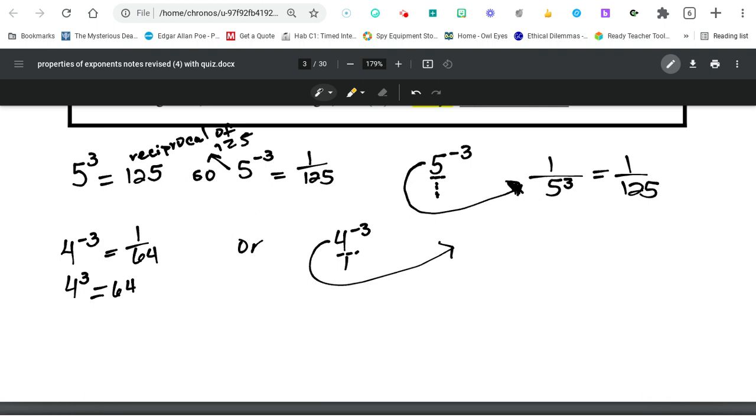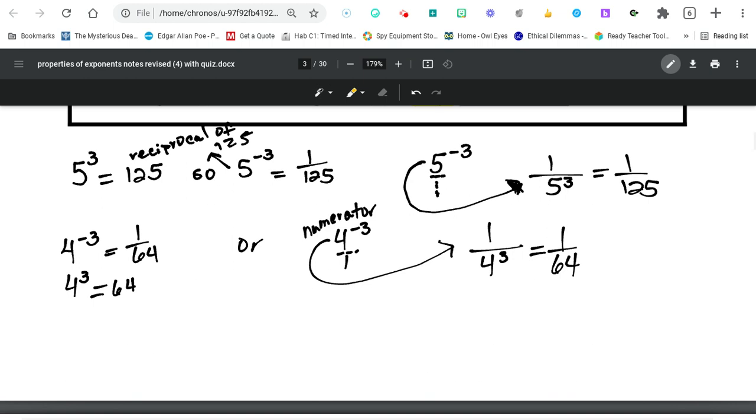So instead of the numerator having a base 4, my denominator will have a base 4. But if I move it from numerator to denominator, the sign of the exponent changes. You got to have a 1. You can't have a blank in the top. So 1 over 4 cubed is 1 over 64.